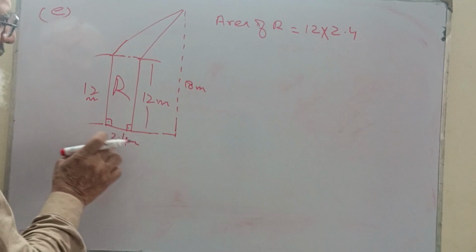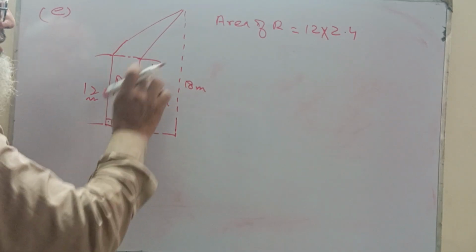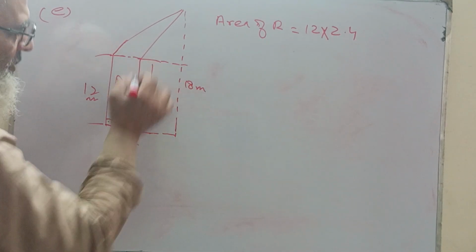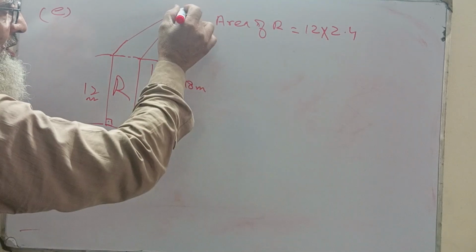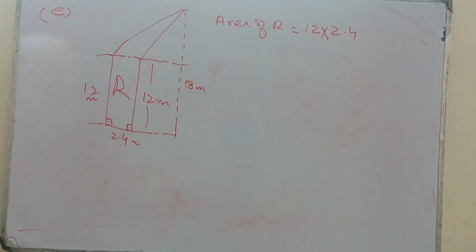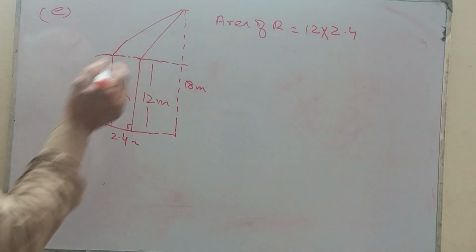Now you see that this 12 is given. This is the height from here to here, 18. Now this is a triangle.